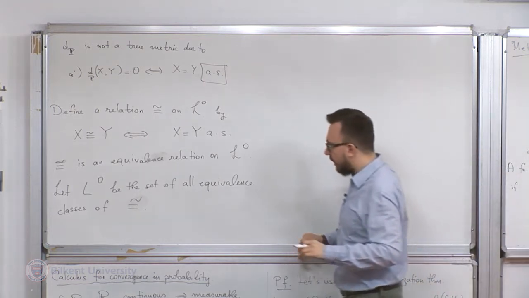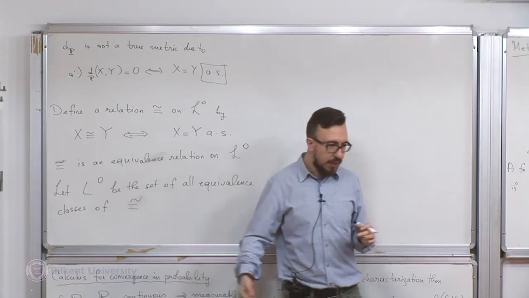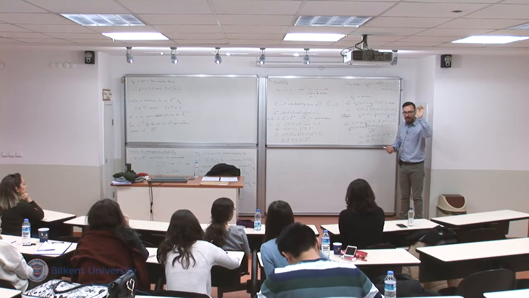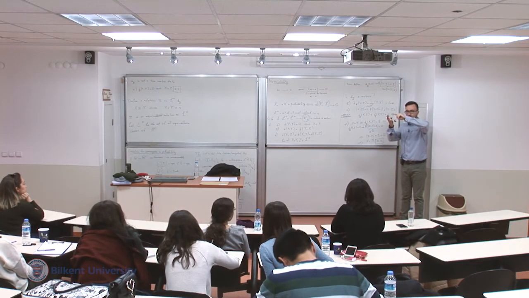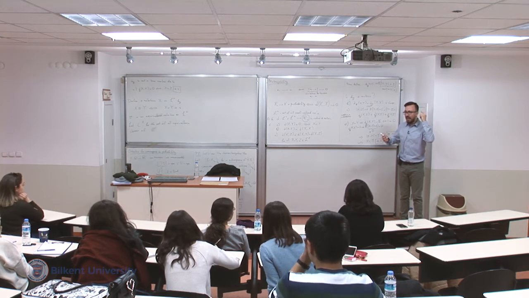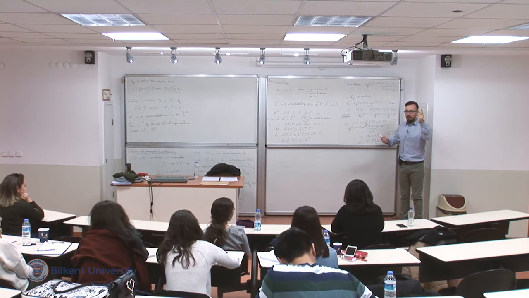What is an equivalence class? Well, it is simply a set of random variables, and in that set, take any two random variables, they're equal almost surely. So I see two random variables that are equal almost surely as a single random variable.